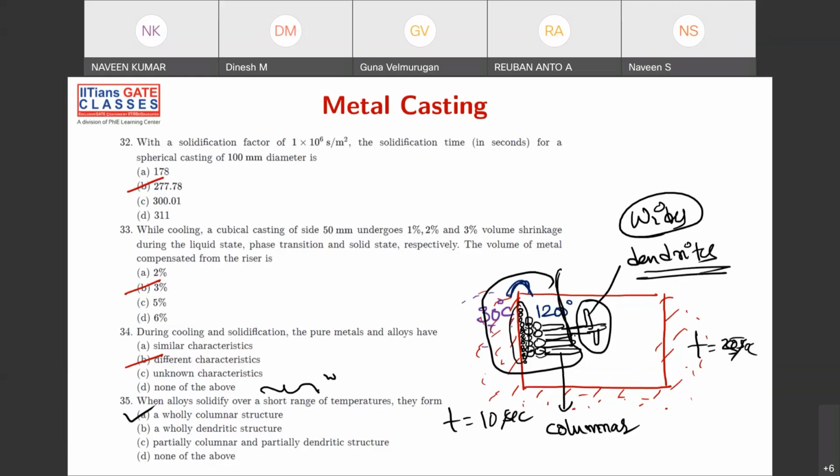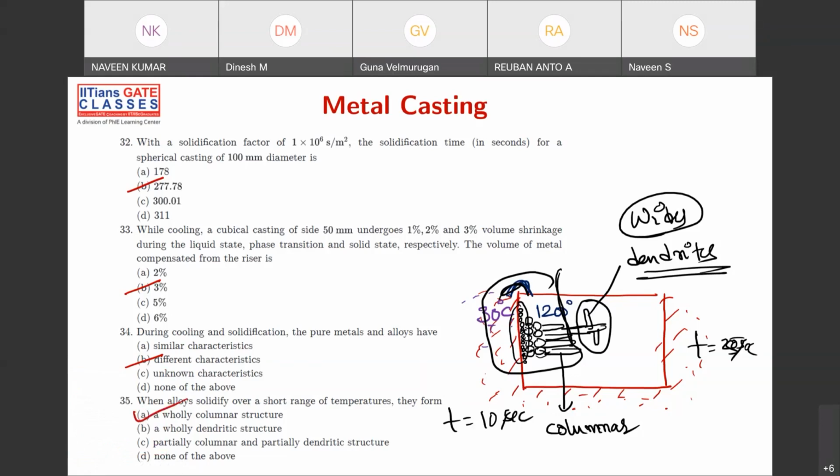For short range temperatures, that time is not allowed, because short range means the temperature difference is very less, so it easily gets solidified. As it easily solidifies, there is not much time for the dendrites to develop. That's the reason why in short ranges only columnar is there, then it will stop there. Okay? So the answer is A.